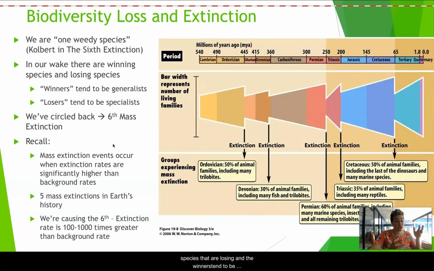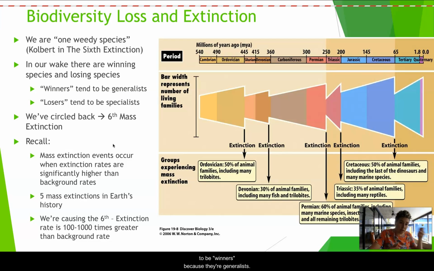And the winners tend to be generalists, or species that can do a great deal of different things or survive in a great deal of different environments. So for instance, things we usually think of as pests, cockroaches, mice, raccoons, those generally tend to be winners because they're generalists.